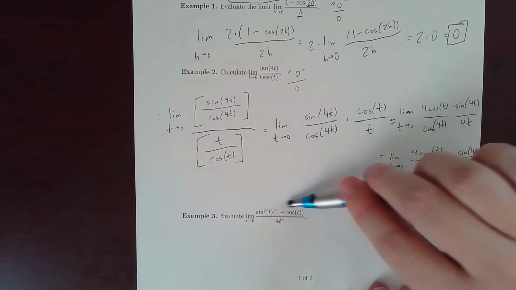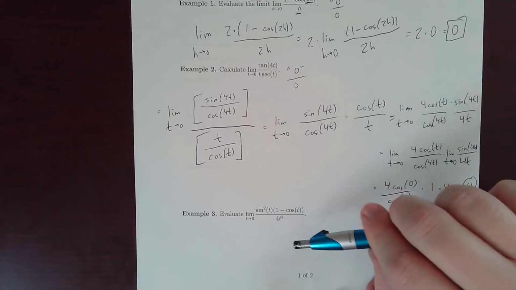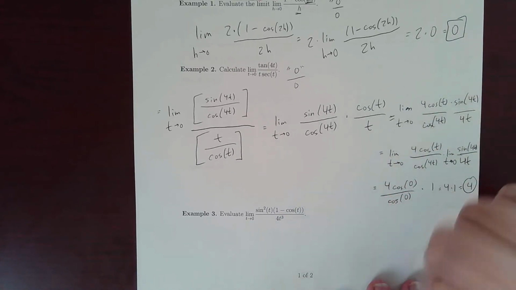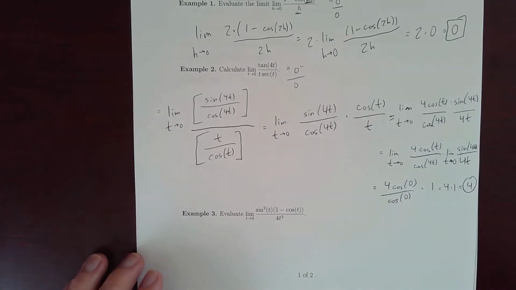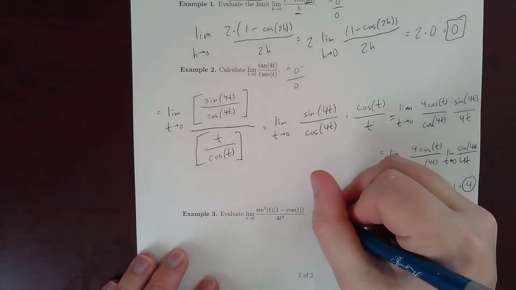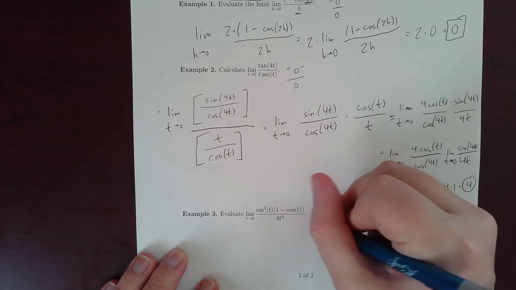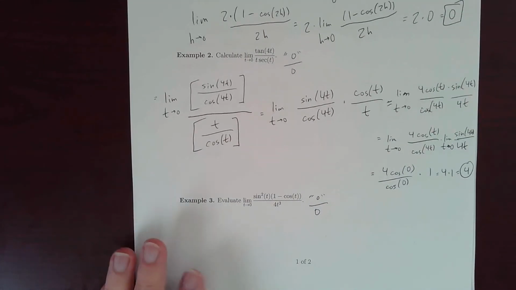All right, let's go ahead and try to evaluate the limit as t approaches 0 of sine squared t times 1 minus cosine of t divided by 4t cubed. So, again, if we plug in 0 directly, we get 0 over 0. Not all that great. What we can do is break this up.